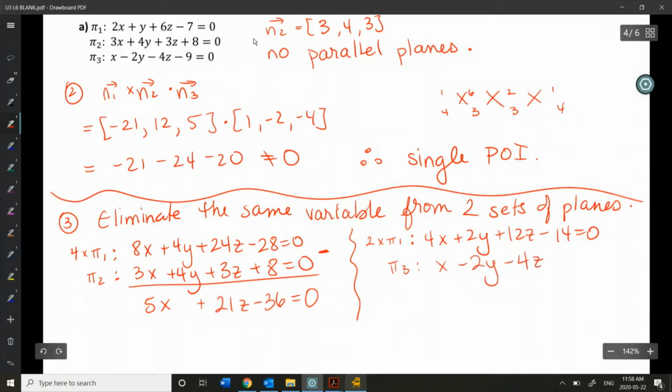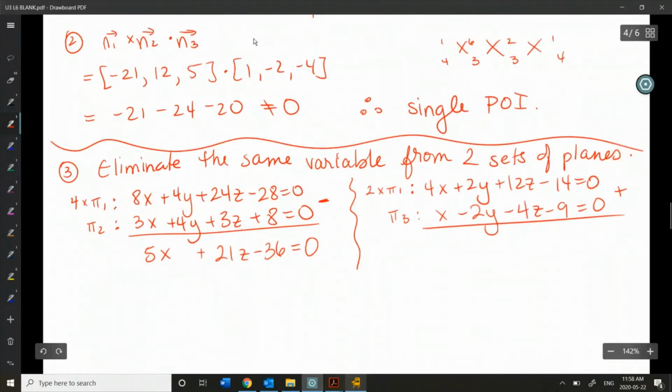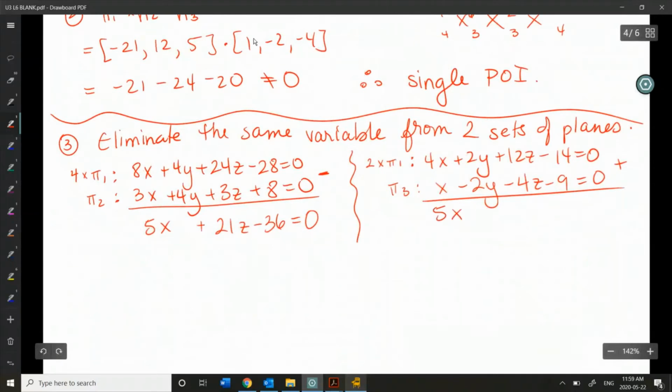Okay, and because I have a positive y and a negative y here, I'm going to have to add this set. So we're going to get 5x plus 8z minus 23. Okay, so now we've created 2 equations with 2 unknowns.